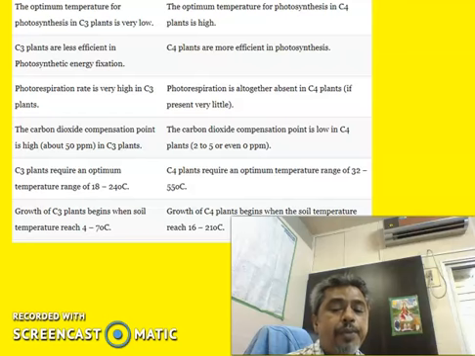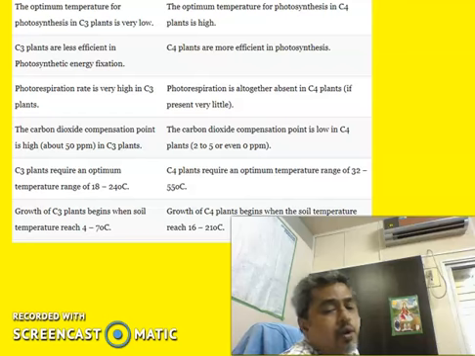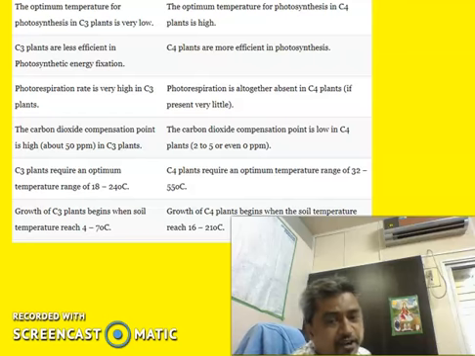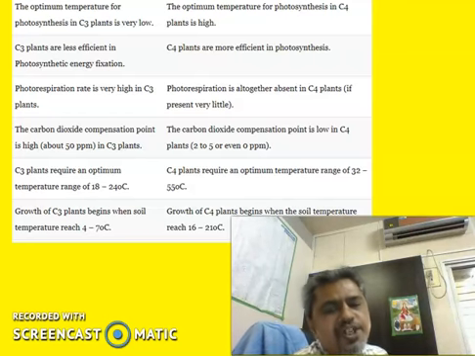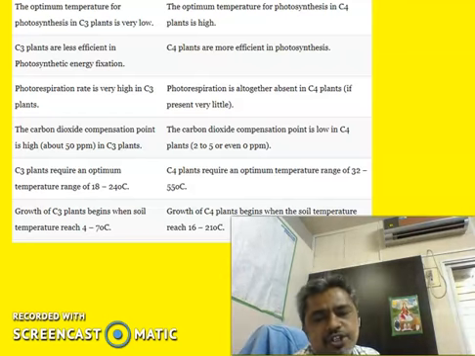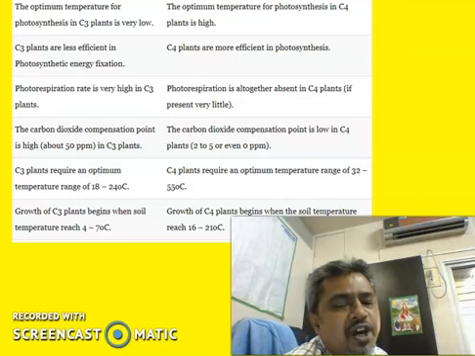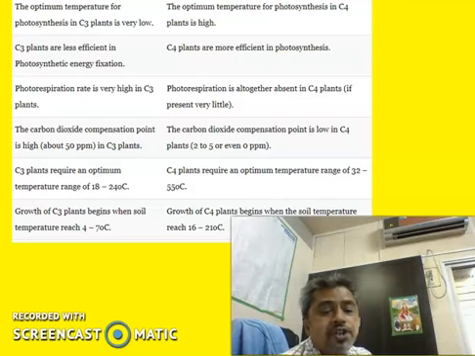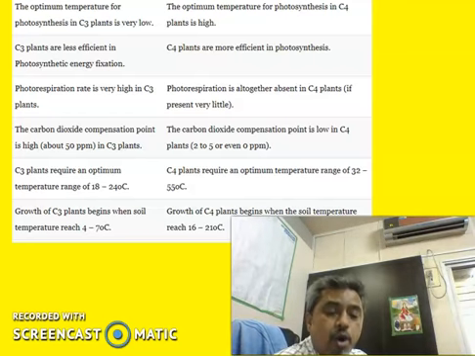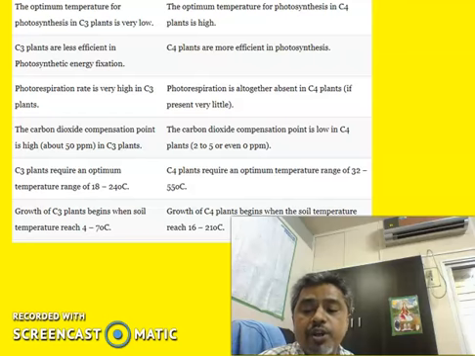C3 plants require an optimum temperature of 18 to 24 degrees centigrade. Here you will find 32, 45, up to 55 degrees temperature, but you have to write only 45 degrees centigrade because of some literature sources. Growth of C3 plants begins when soil temperature reaches 4 to 7 degrees. Here in C4, when the soil temperature reaches 16 to 21. Okay, 21, not 210.